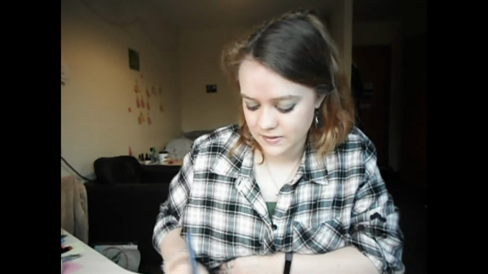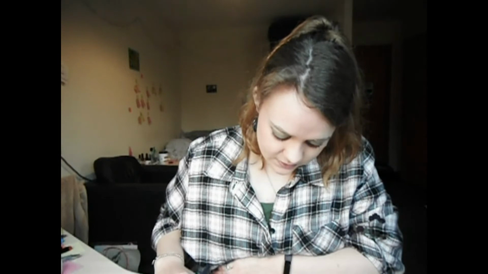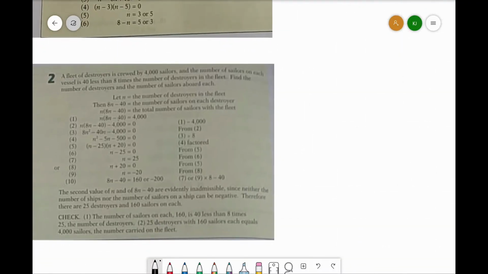Let's go on to our next example. A fleet of destroyers is crewed by 4,000 sailors, and the number of sailors on each vessel is 40 less than 8 times the number of destroyers in the fleet. We need to find the number of destroyers and the number of sailors aboard each vessel.